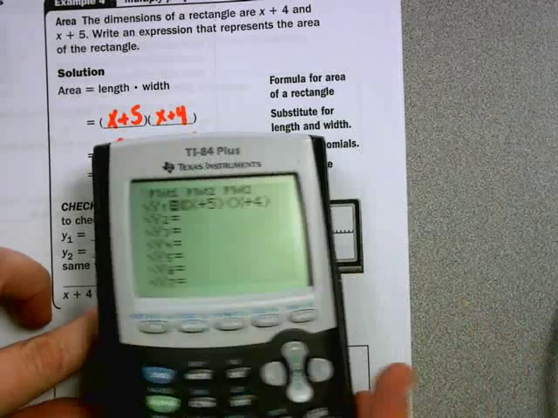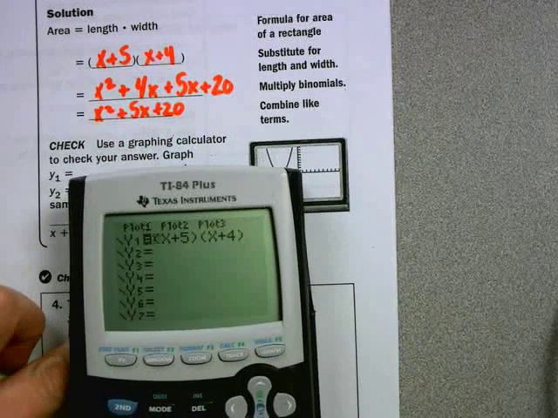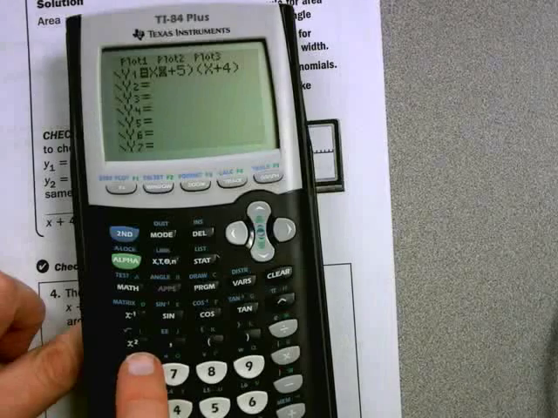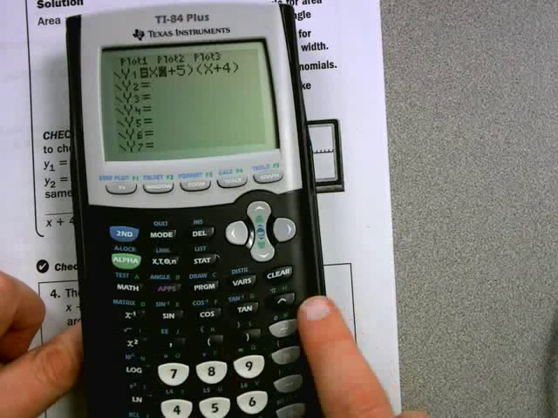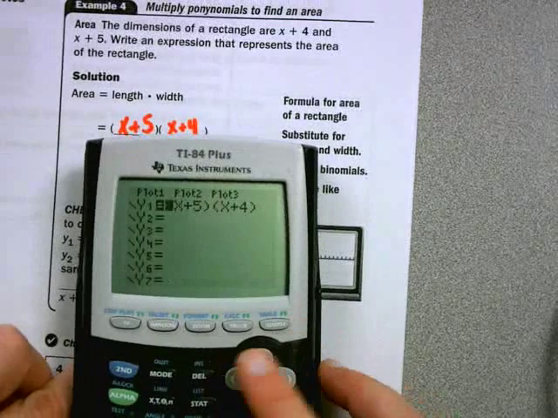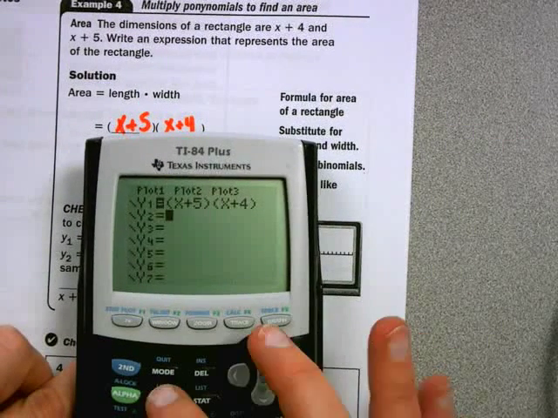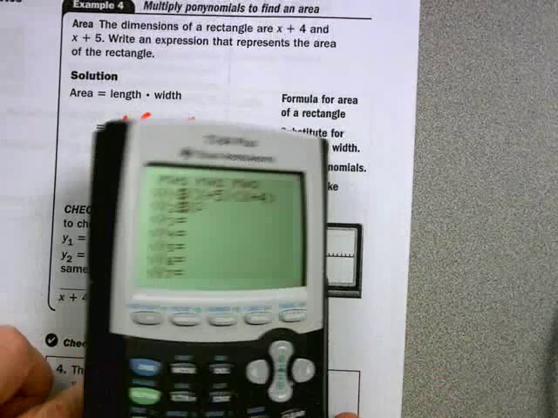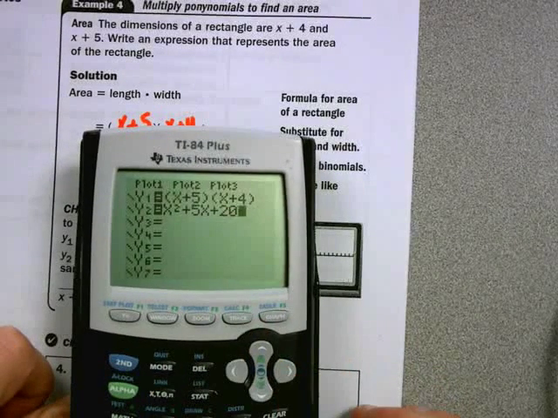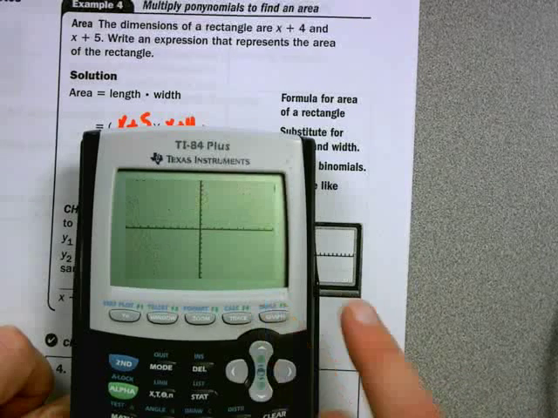So I got x squared, and the squared function is diagonal to the 7, or you can use the caret key and then the number 2. Oops, I'm putting it in the spot in my y1, so let's put it in y2. All right, so x squared plus 5x plus 20. If I did my FOILing right, when I hit graph, they should be identical. It should be the same curve twice. There's my first one. It's still processing.